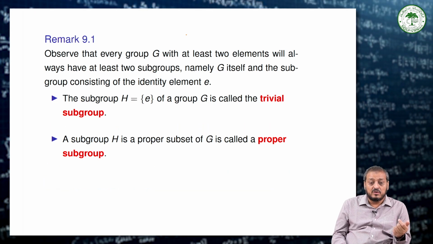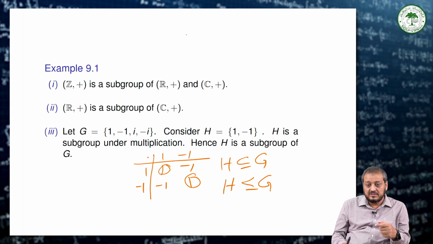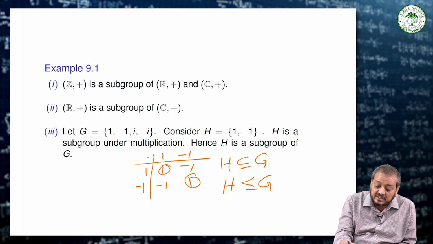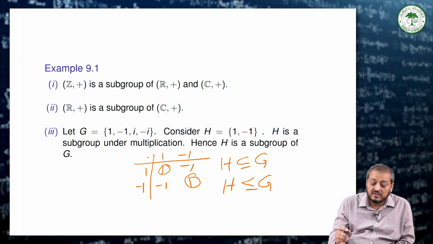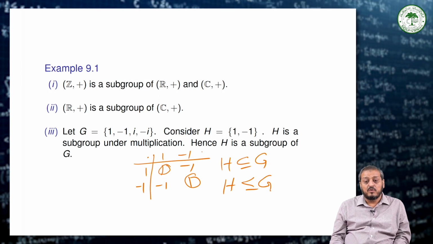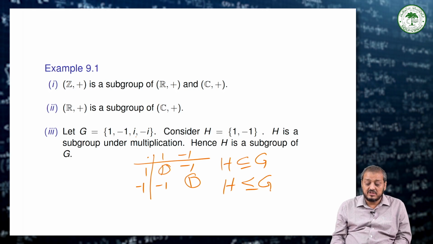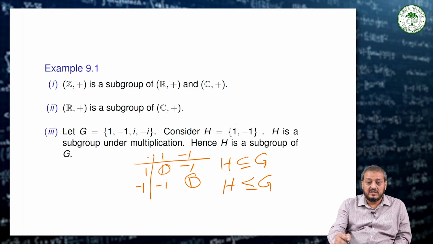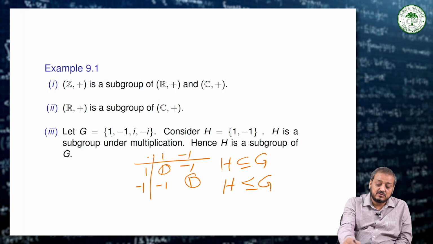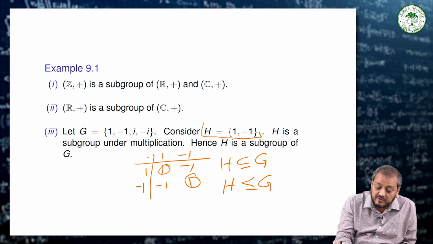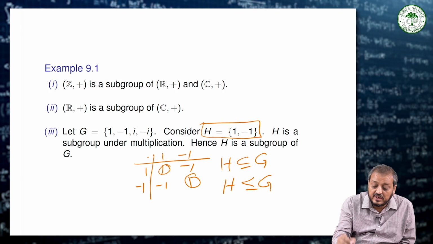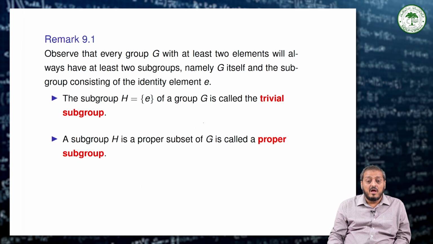For example, here 1 is the identity, and H is a subset of G, so this is non-trivial. H is clearly a proper subset of this G, so H is a proper subgroup.